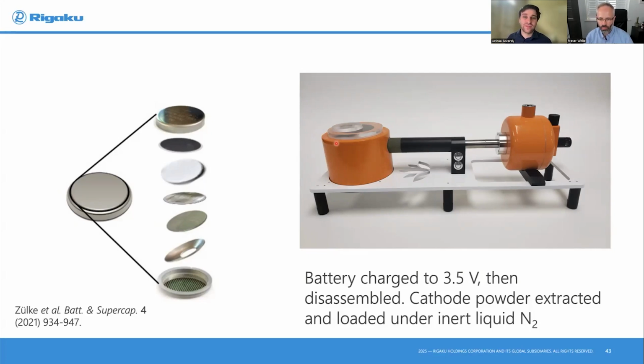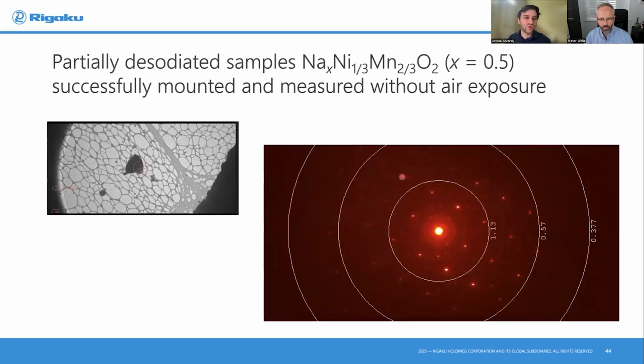The TEM grids can then be loaded and worked with and manipulated entirely under liquid nitrogen, and this entire transfer can be put into the instrument with no air exposure or minimal air exposure. It does mean that the sample is going to be around 100 Kelvin or lower, so that could be an issue for some samples. Yeah, but this worked well for our sample.